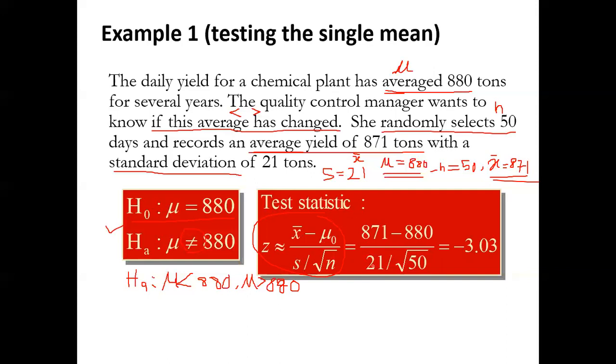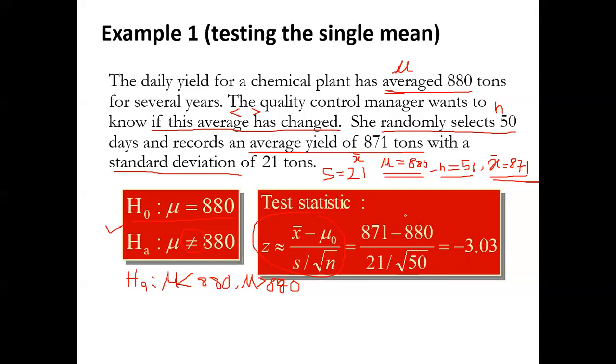So divide by 21 and divide by square root of n. n that has been given is 50, so insert the value of 50. Alright, when you calculate this, you will get z equal to negative 3.03.